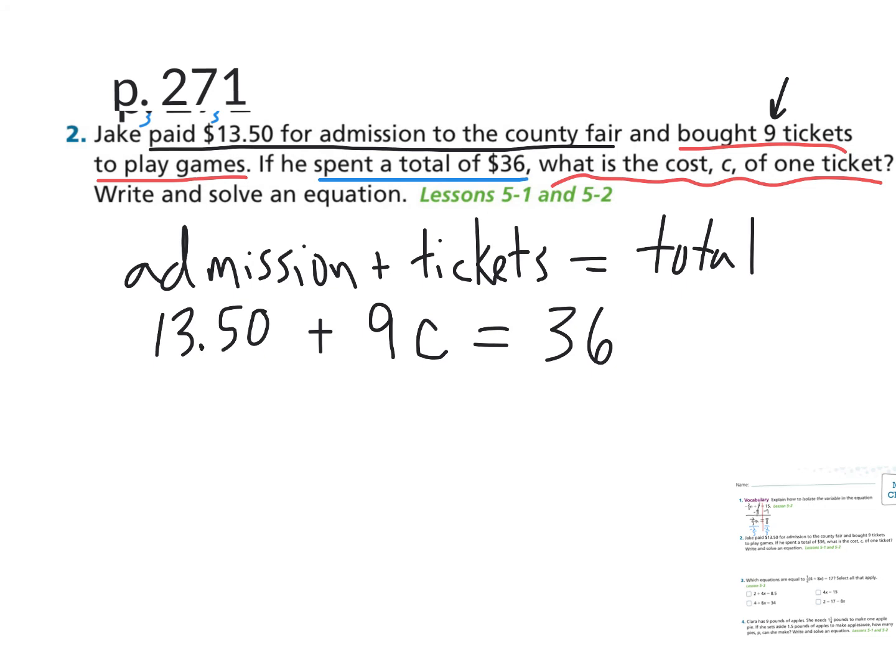And then for solving this, the first thing would be to try and get that variable term by itself, try and get the 9C by itself. This is a positive 13.50 here, so we need to subtract 13.50 to get rid of that.